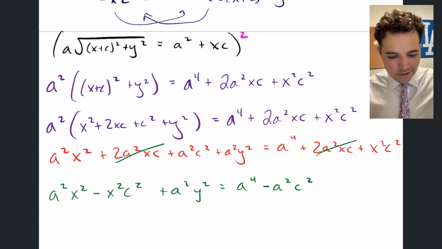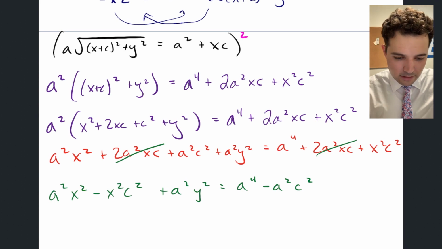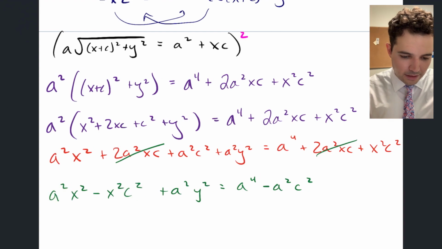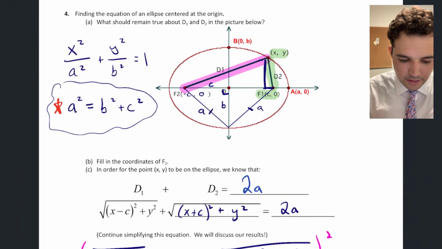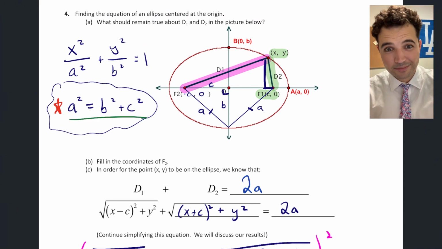Now there's a pattern here that I want to point out. We have a squareds in a lot of terms, and we also have this a squared minus c squared business going on here. And I do want to now bring us back to our inverse Pythag.